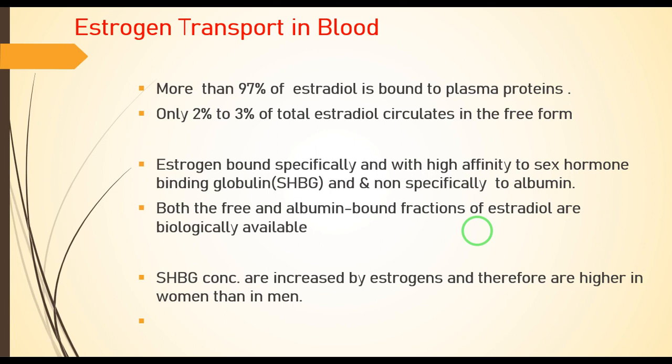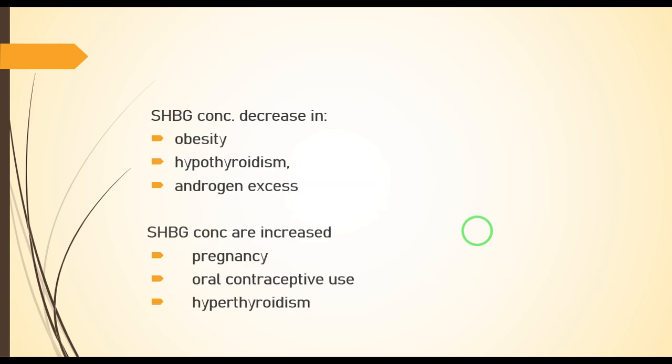Sex hormone binding globulin is more in female than in male, not the estrogen. The sex hormone binding globulin concentration is more in the female. Why? Because it is increased by estrogen. Other factors that may increase the level of sex hormone binding globulin are pregnancy, because of the high level of estrogen, and oral contraceptive pills that contain a high level of estrogen.